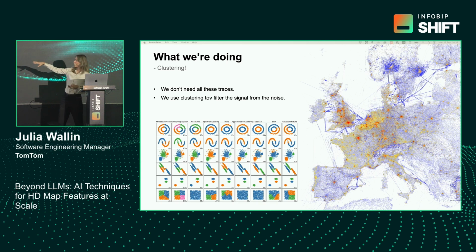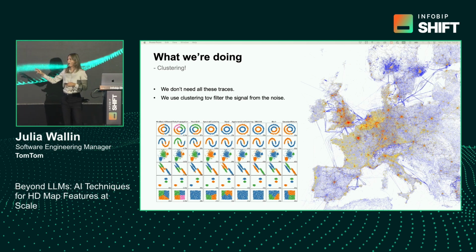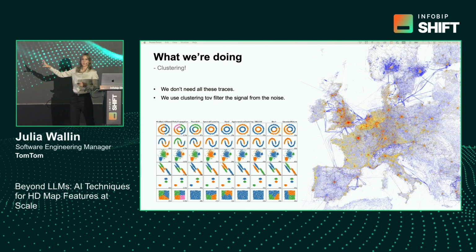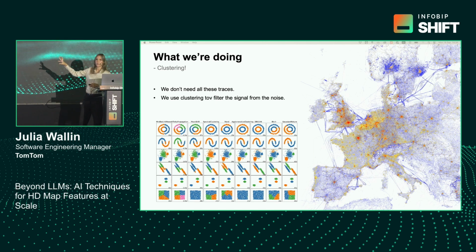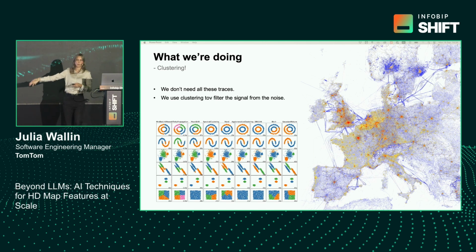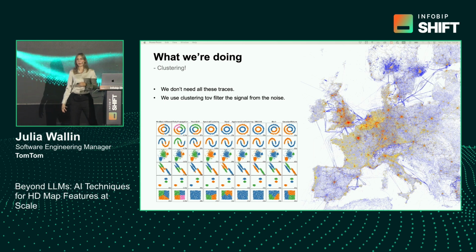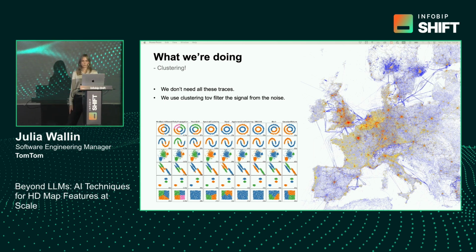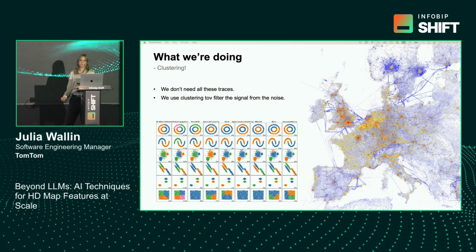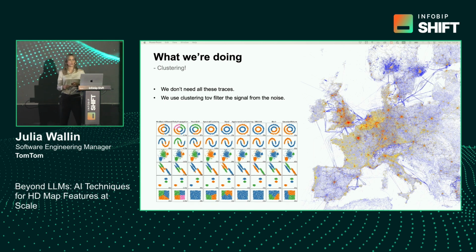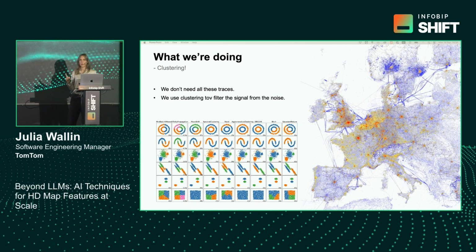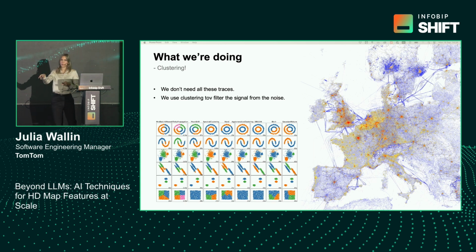Like look around, London and Paris. We have so many traces, and probably hundreds of thousands of cars just passing the same damn sign. And the sign is not going anywhere. But we don't need to use thousands of observations to create a stop sign. It's only one stop sign in the world. We're trying to model the world.